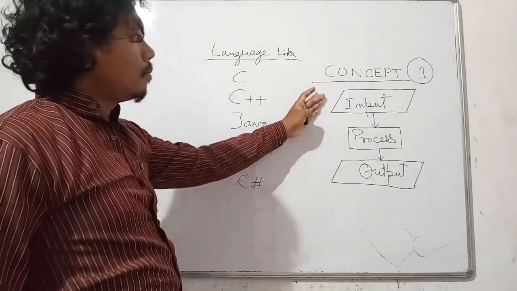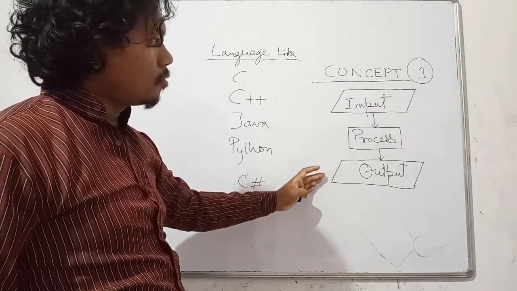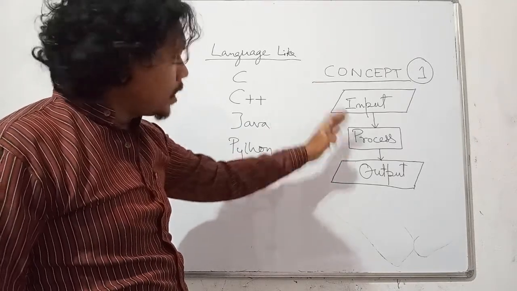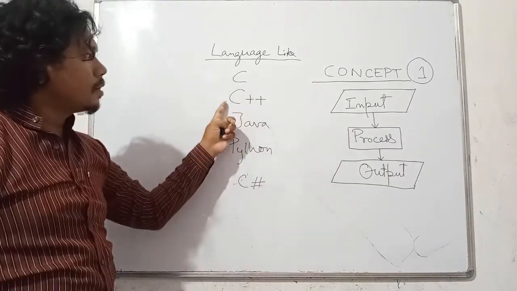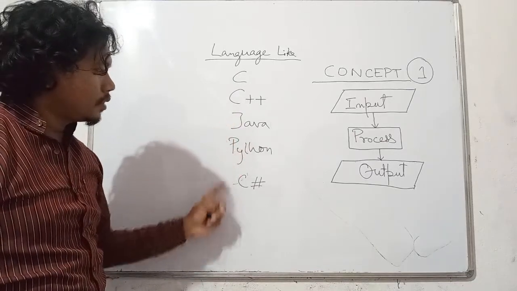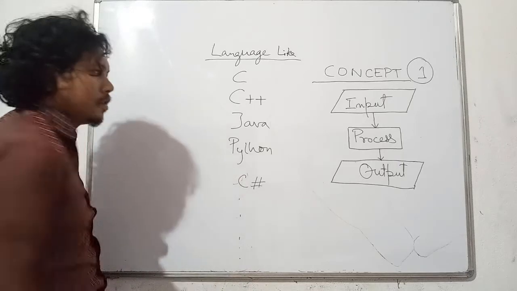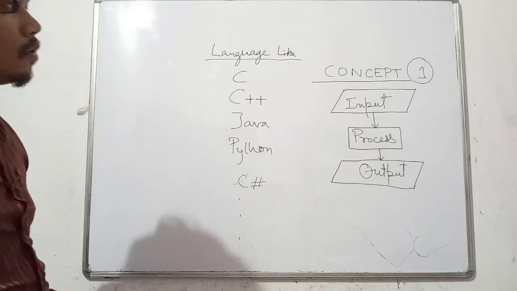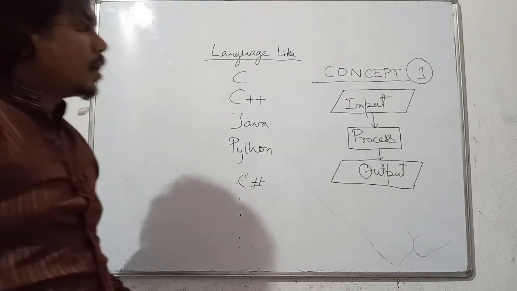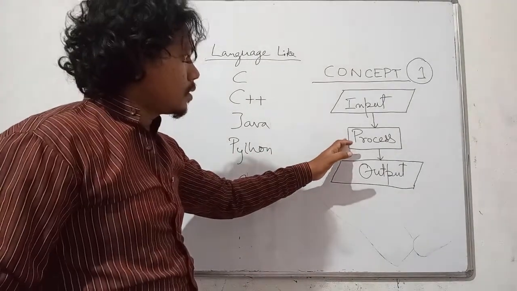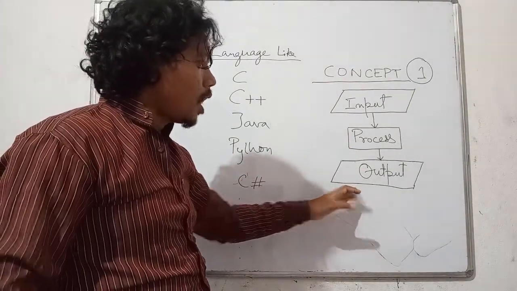Input, process and output will always be used in C, C++, Java, Python, C sharp and so on. So what is input and what is process, what is output?